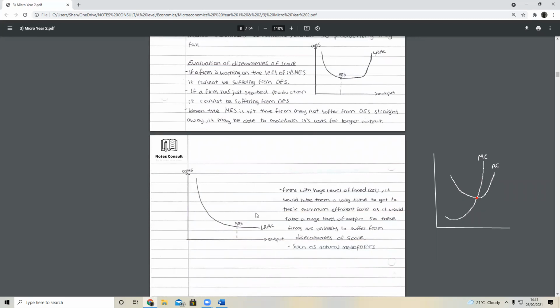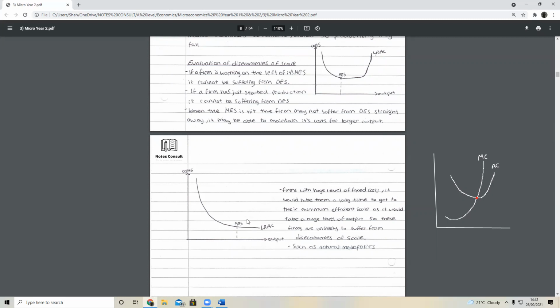Why? Because some firms have massive amounts of fixed costs, it will take them so long to get to their minimum efficient scale, to spread out their long run average cost to the minimum point, that they're so unlikely to suffer from diseconomies of scale. This happens with firms called natural monopolies, which we will see later.